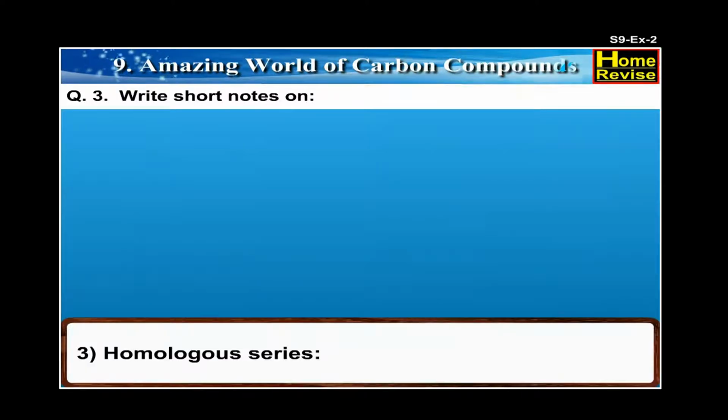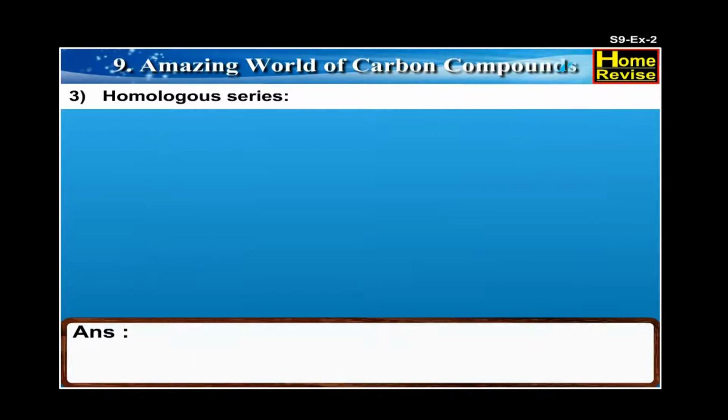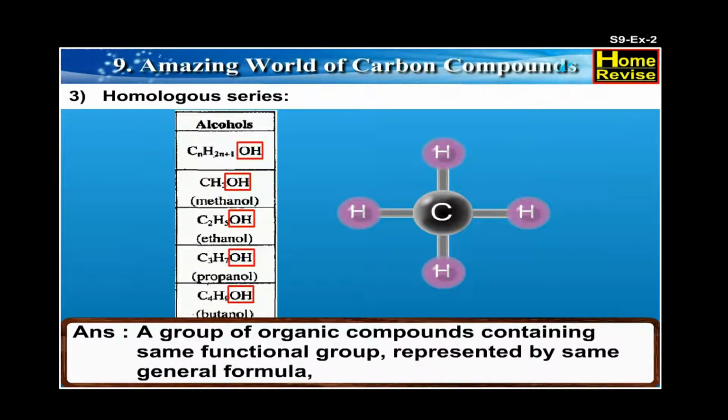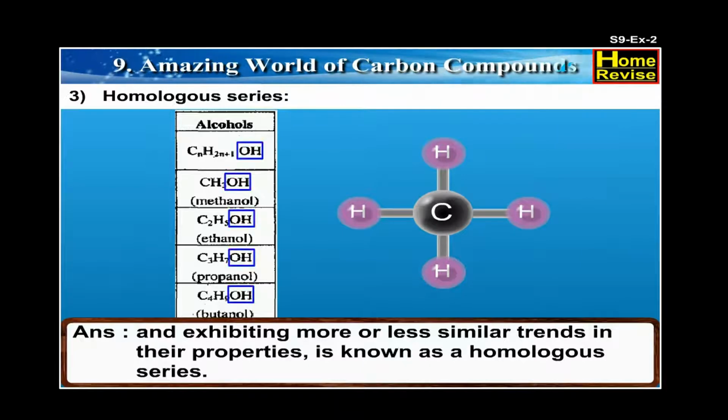Third, homologous series. Answer. A group of organic compounds containing same functional group represented by same general formula and exhibiting more or less similar trends in their properties is known as homologous series.